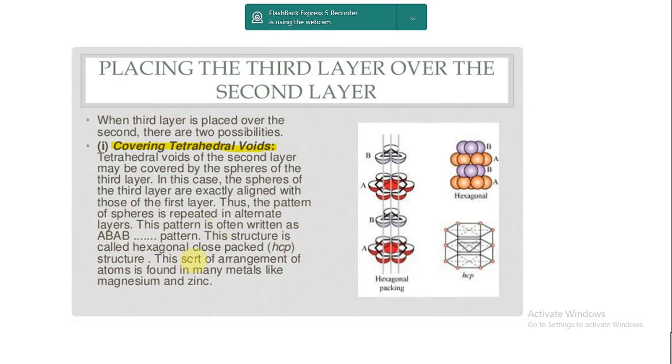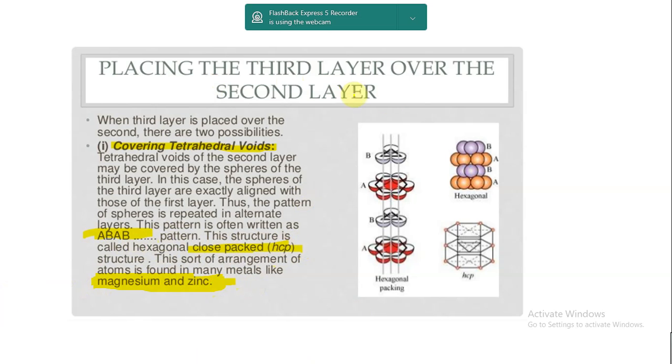What you have to remember is the examples: in which metals is the AB pattern found? Hexagonal close packed structure is found in magnesium and zinc. So in hexagonal close packed structure, the AB pattern is found in magnesium and zinc.